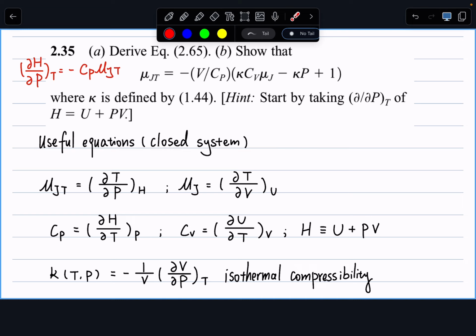Okay, how do we feel? And again, back to our purpose: we scientists like to take as little measurement as possible and build links between these functions. In this case, we're trying to say, can we have a general relationship between mu jt and mu j using heat capacities and the equation of state?